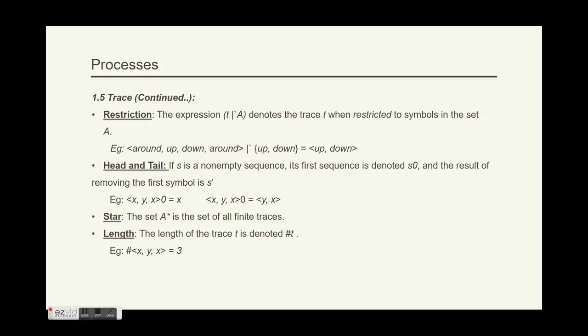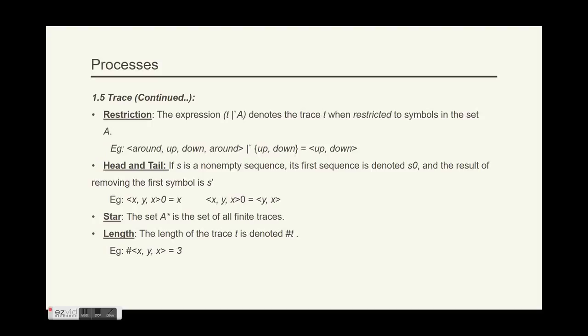The expression t restriction A denotes the trace t when restricted to symbols in the set A. So we can restrict the trace t by using any set A. Here we have an example of <around, up, down, around> restricted to {up, down}. So we get the events <up, down> from it.